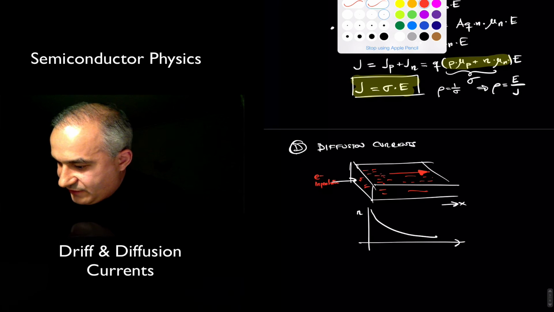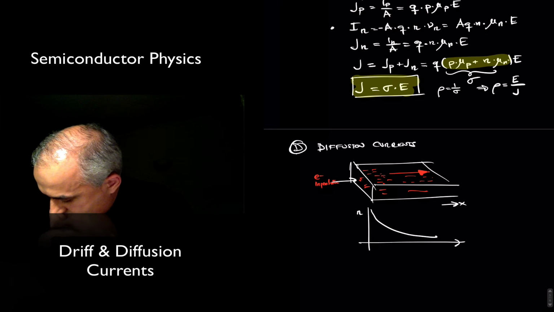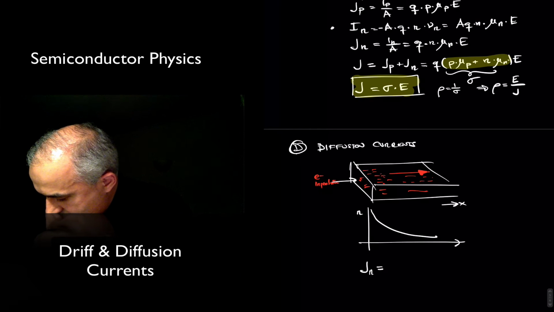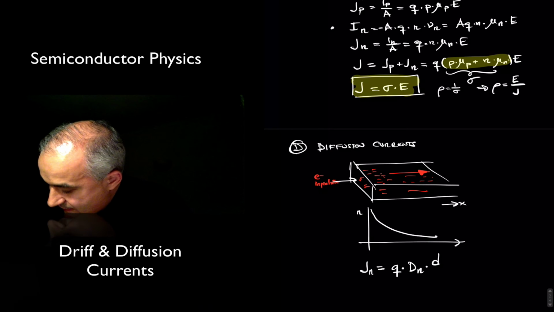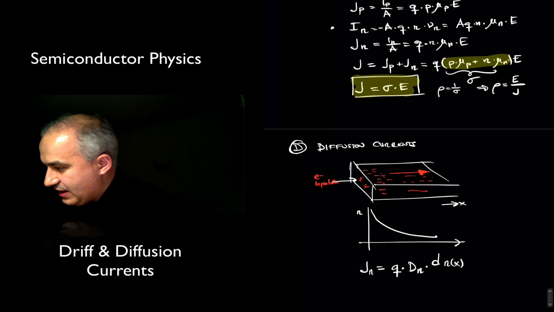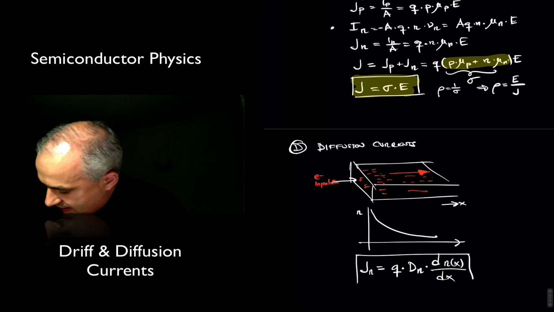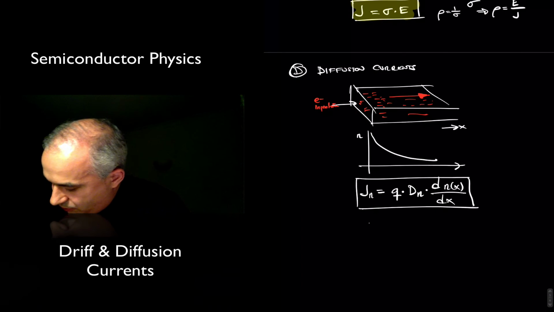And the equation for a diffusion current will be Jn equals the charge of the electrons, the diffusivity of the electrons, and then the derivative of the concentration, the gradient that you have in the concentration as a function of space. So this will be for electrons. This is what you will have for holes.